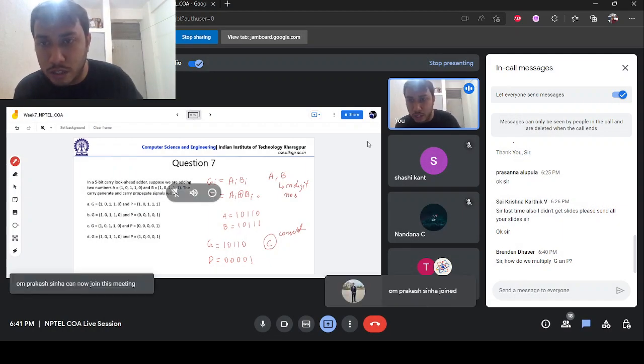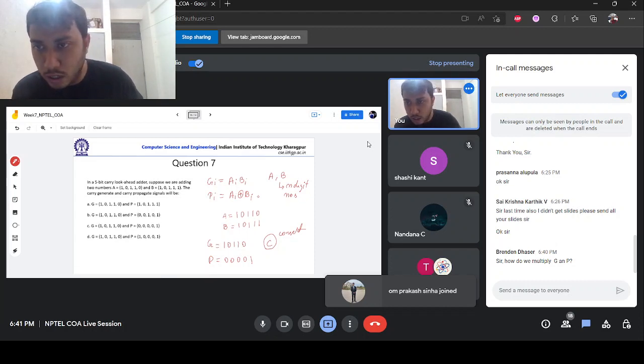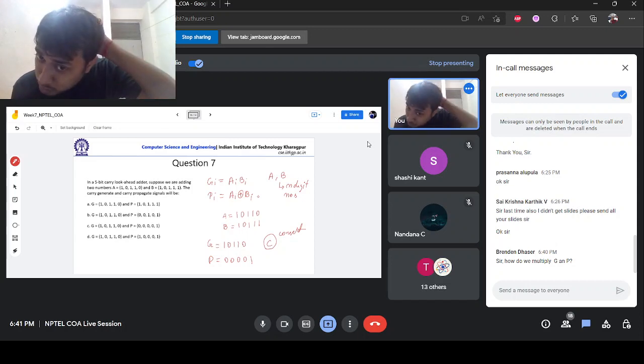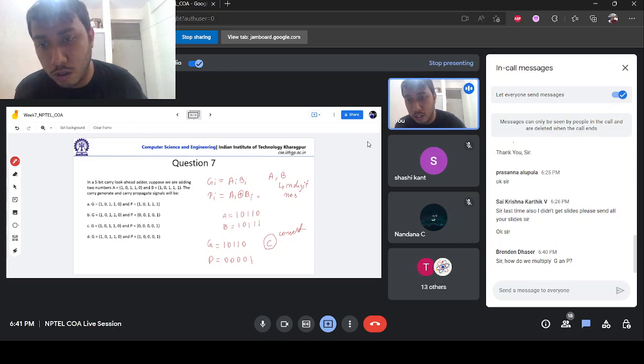For G, we will AND each digit of A and B. So 1 and 1 is 1, 0 and 0 is 0, 1 and 1 is 1, 1 and 1 is 1, 0 and 1 is 0. So the carry generate signal is 1 0 1 1 0.